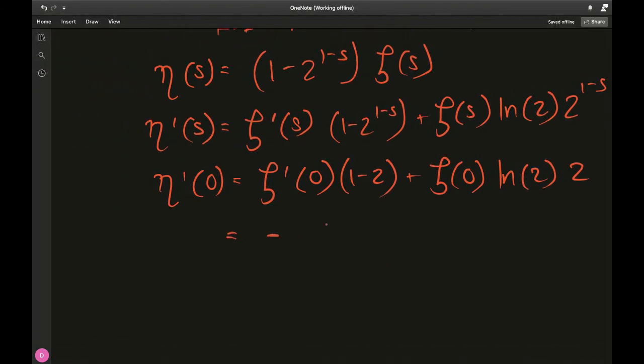Now this becomes negative Riemann zeta prime of 0 plus 2 times natural log of 2 times Riemann zeta of 0.